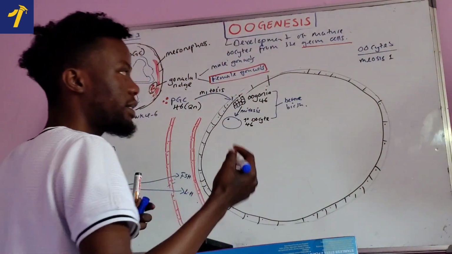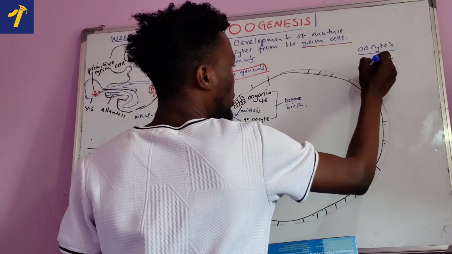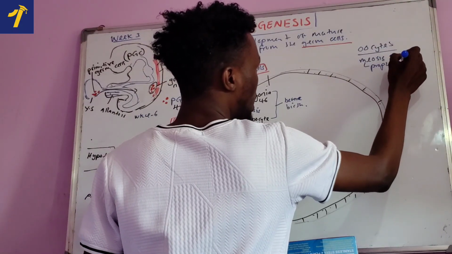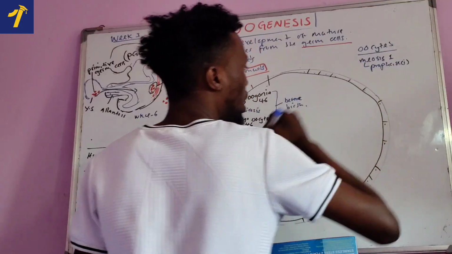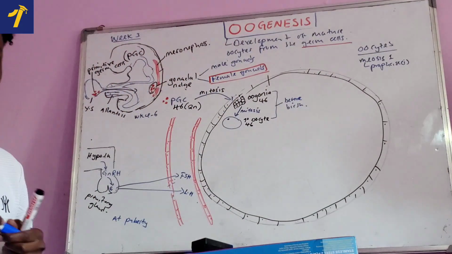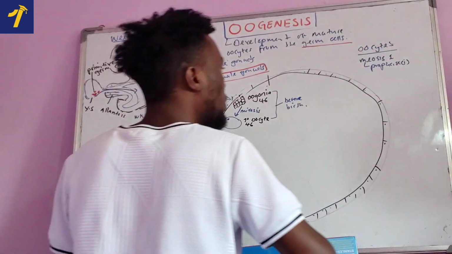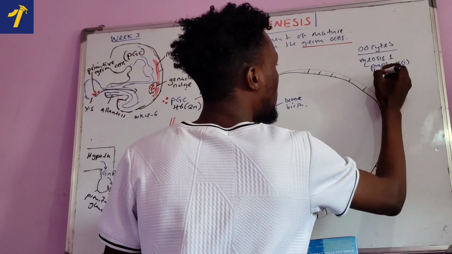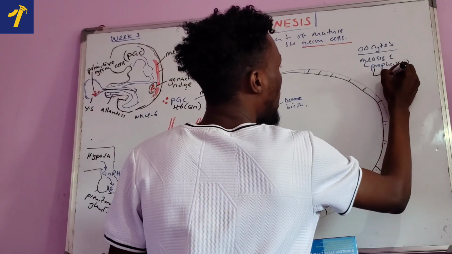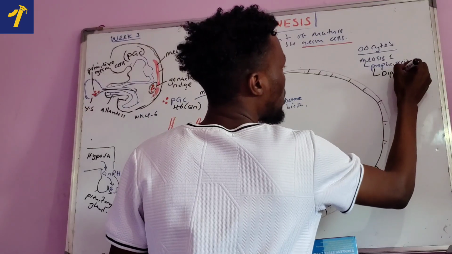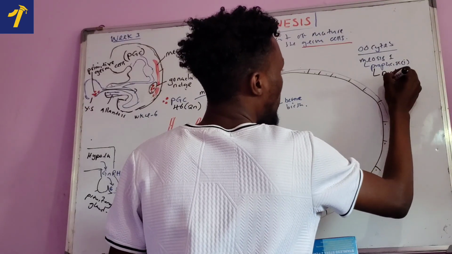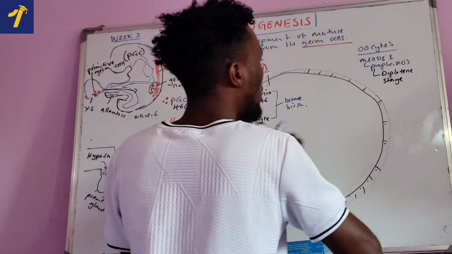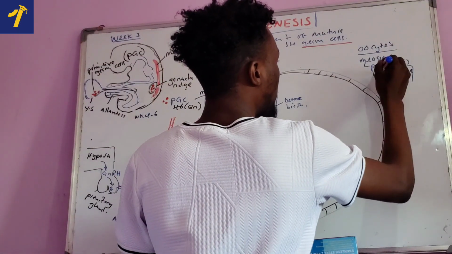were arrested in prophase 1. And that state of prophase 1, you need to remember this one because we are going to be examined on this, is what we call the diplotene stage.